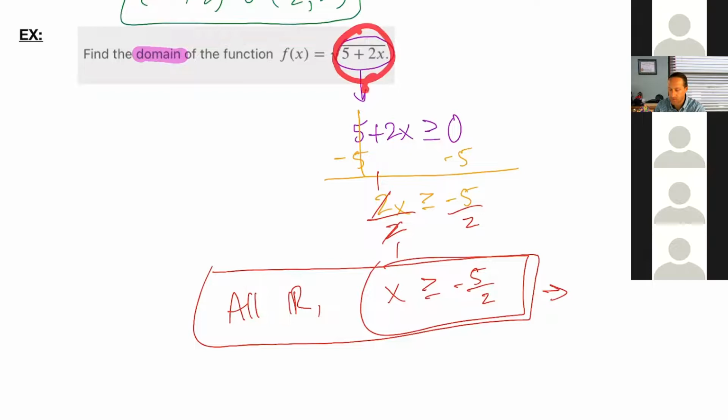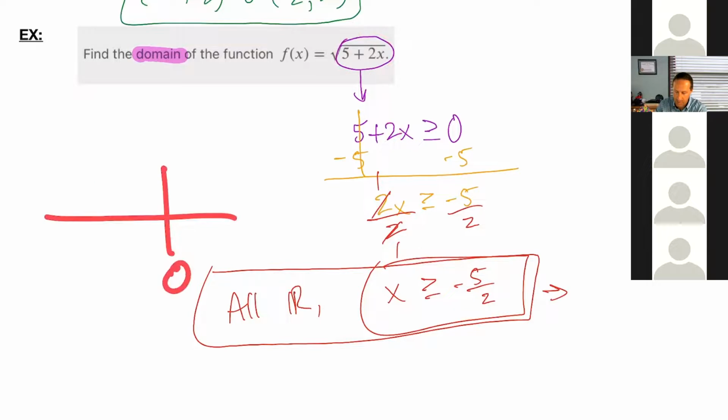Well, we just went through and solved and said it had to be anything that's greater than or equal to this. And if you think about your number line, if 0 is here and -2.5 or -5/2 is here, we wanted it could be equal to, and everything greater.